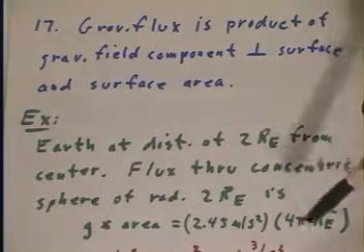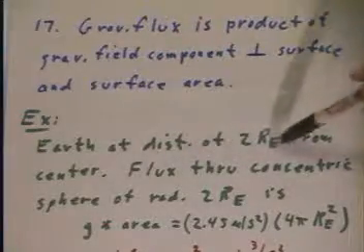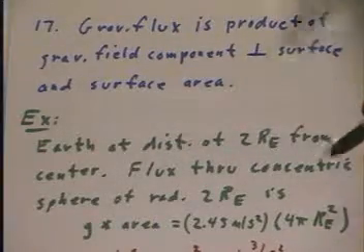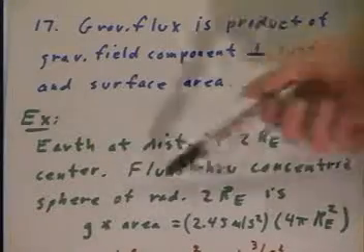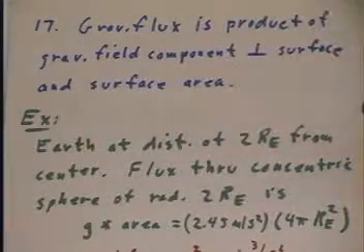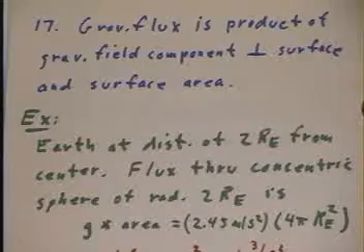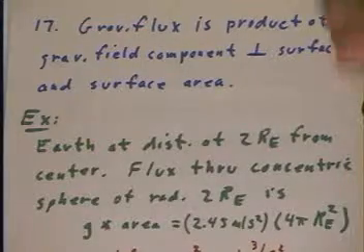If we go to a distance of 2re from the center of the Earth, the flux through a concentric sphere of the radius 2re, that is just a sphere around the Earth that's twice the radius of the Earth.